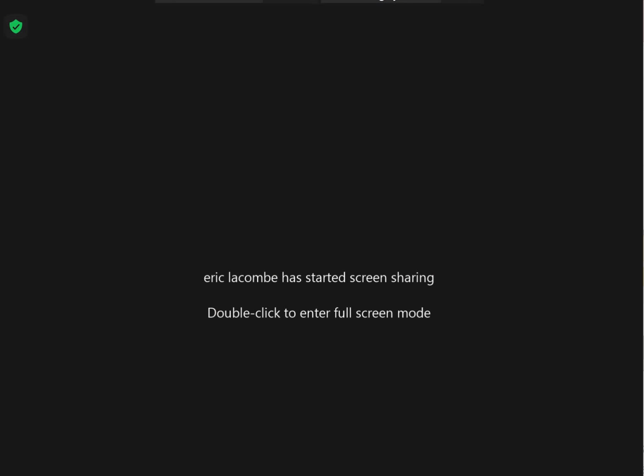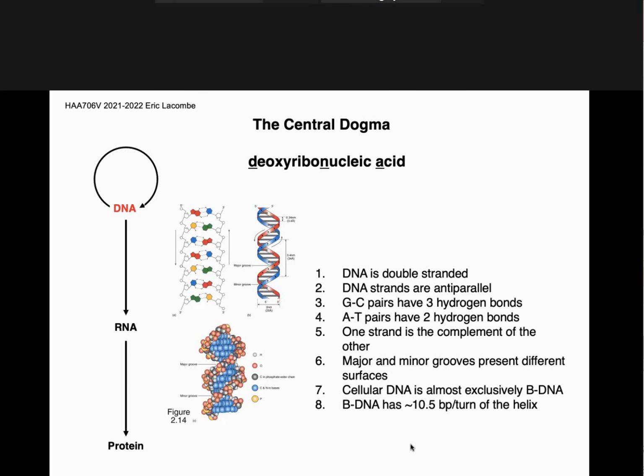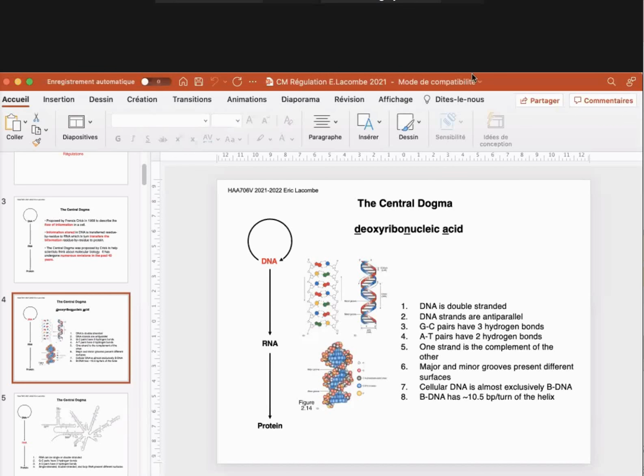So I just share. So now, do you see the structure of the double helix? Yes or no? Can you see it or no? Okay, perfect.